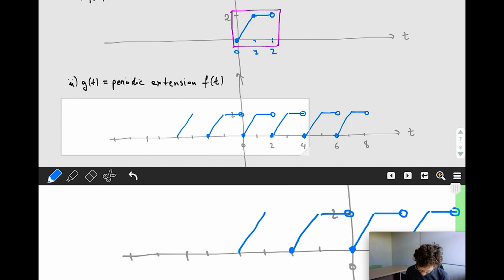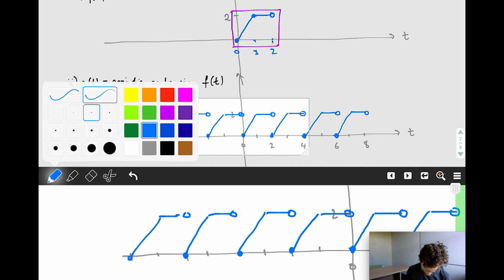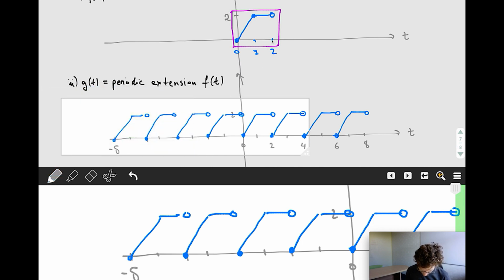It's just shifted by an amount 2 each time. So that gives me my function values, even for negative values of t. And you can see that that's going to be repeated again and again and again.